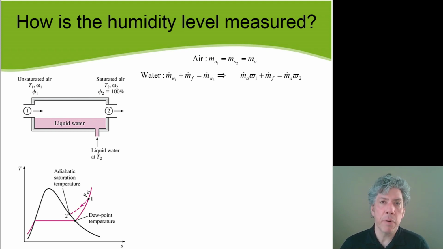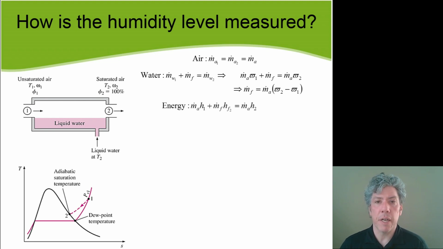The mass flow rate of the water leaving, which is, of course, vapor at state 2, can be written also in terms of the mass flow rate of the air using the absolute humidity at the exit. And m dot sub f is simply the mass flow rate of the liquid water that's evaporating into the air. So the mass flow rate of that water that's evaporating and adding to the airstream can be written in terms of the change in absolute humidity through this device.